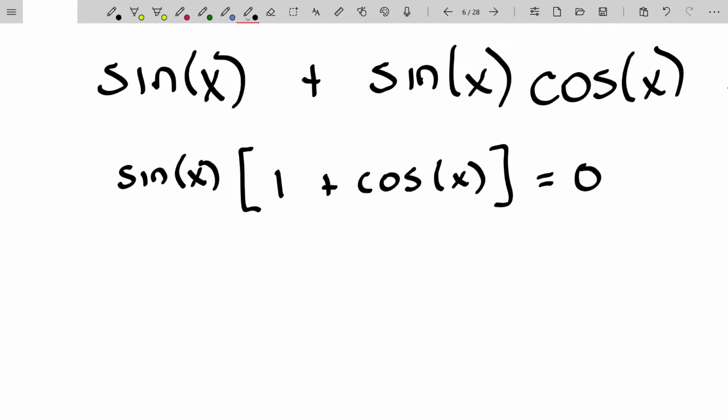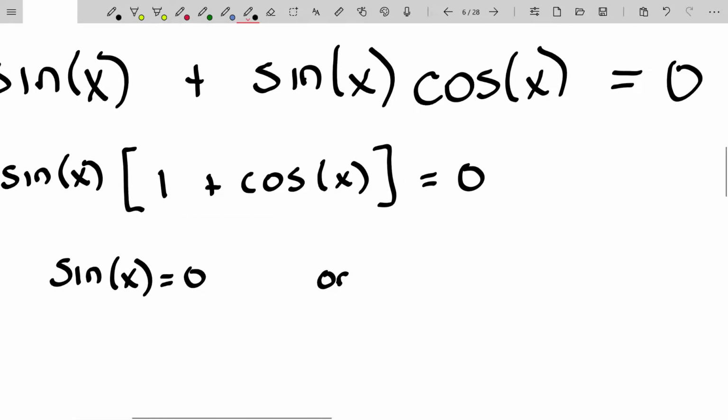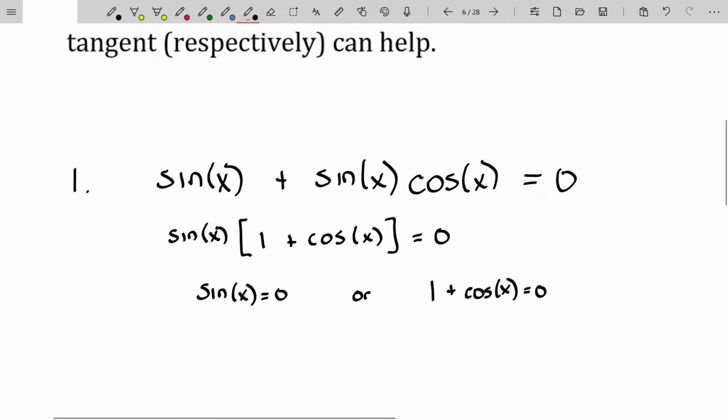So that means that either sine of x is equal to 0, or 1 plus the cosine of x is equal to 0. So that's one tactic. It only works if you can factor out a common trig function out of your statement. If you can do that, then good for you.